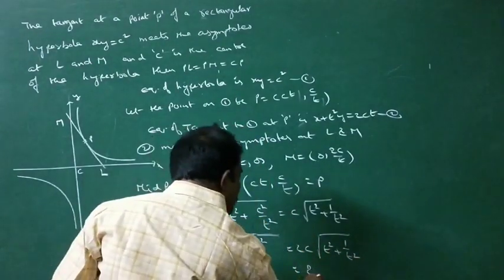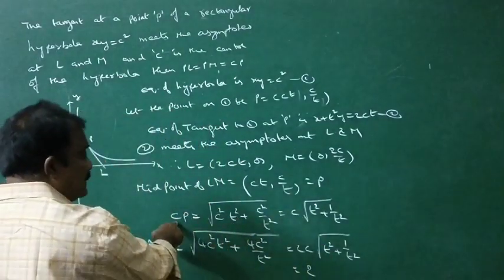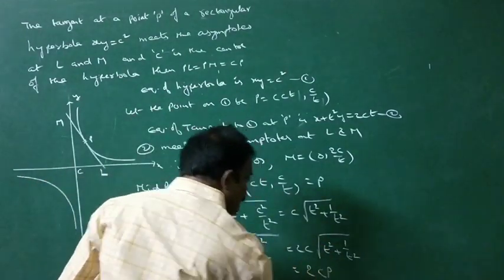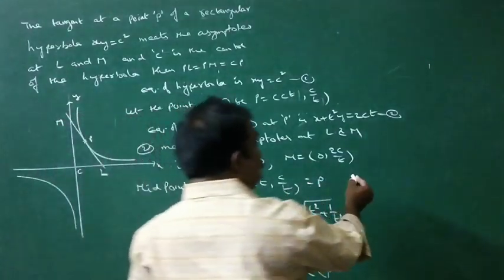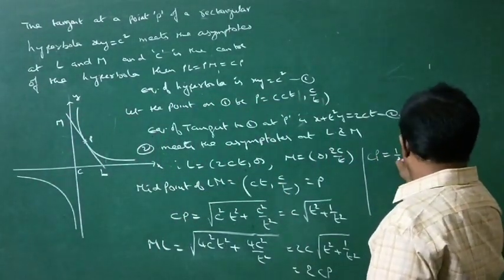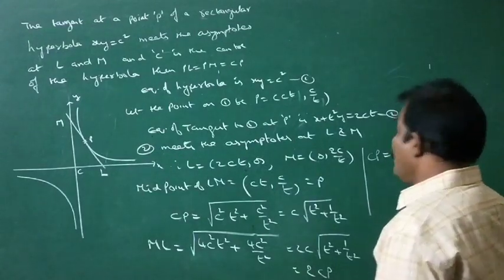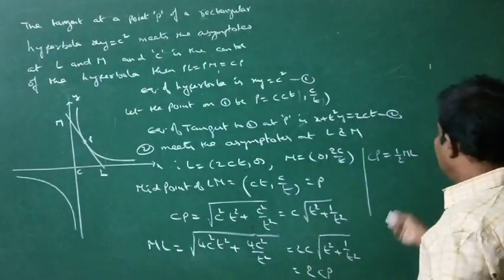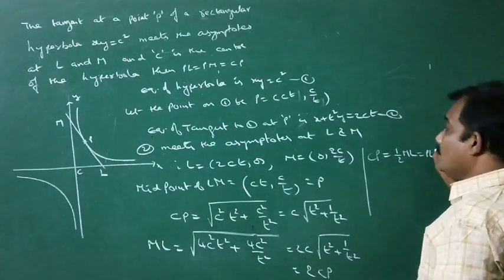That is equal to 2 into, what is c into root over t square plus 1 by t square? CP. From this one, CP equal to 1 by 2 into ML. 1 by 2 into ML is nothing but PL or PM.